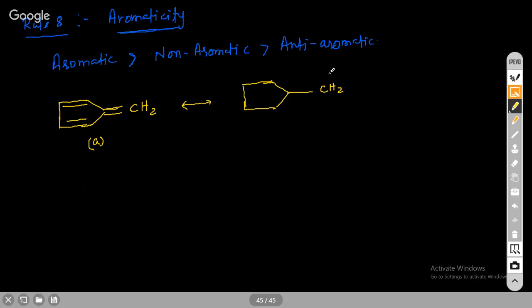CH2 positive charge here. Here we have negative charge when this pi electron comes here. And then the another structure, it is B. And here it is CH2 negative, and here it is positive, right? Maybe this pi electron may jump here also and here also. So if it jumps here, you'll get this. If it jumps here, you'll get this.